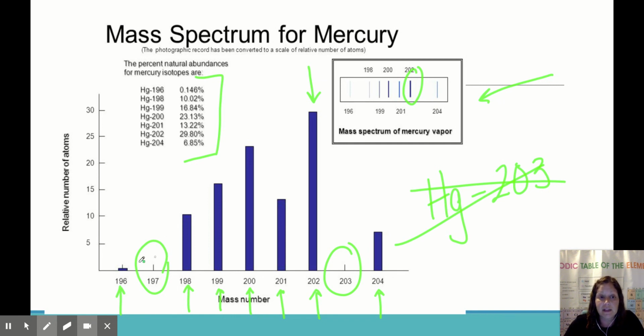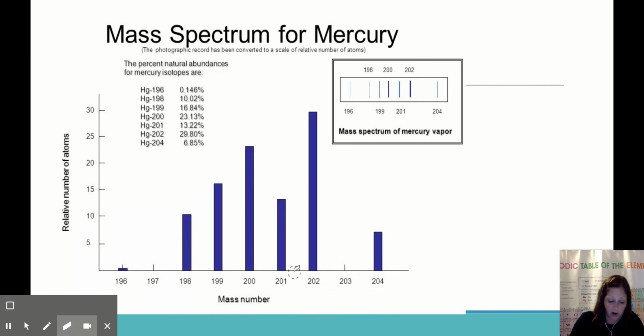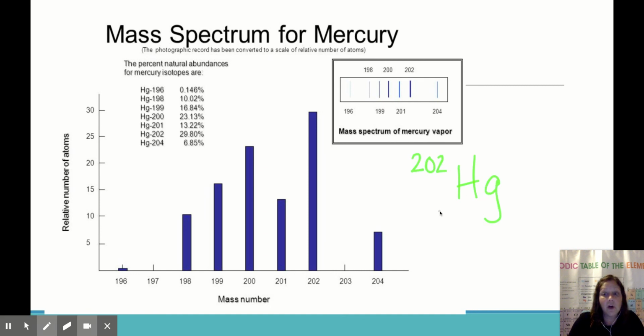So we can look and see. We can also take a look at this. And if we were talking about Mercury 202, we could look up the atomic number on the periodic table. And for Mercury, the atomic number is 80.